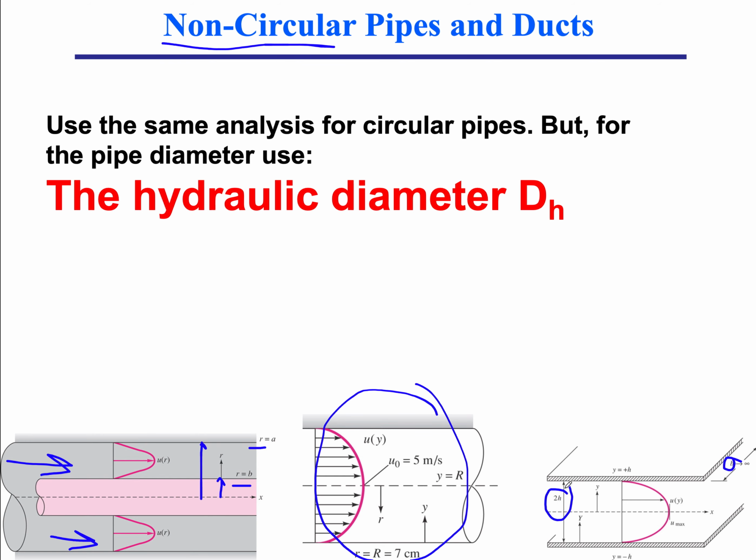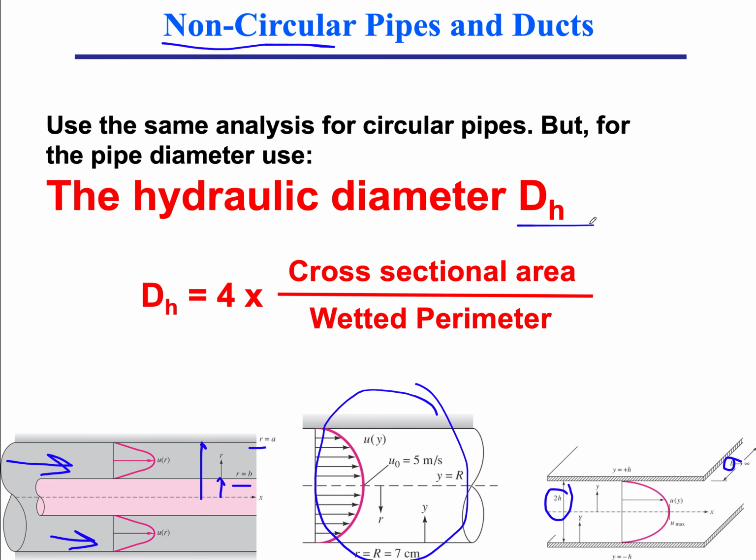Well, there is an equivalent diameter, and it's called the hydraulic diameter. It is defined to be the cross-sectional area times 4 divided by the wetted perimeter. So the wetted perimeter is the perimeter of the pipe, the length.